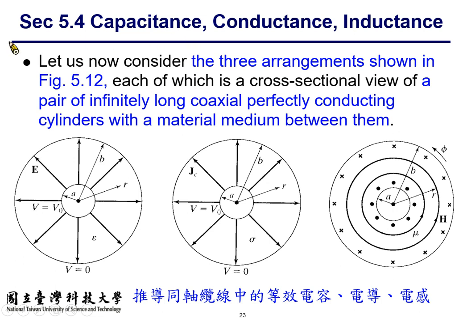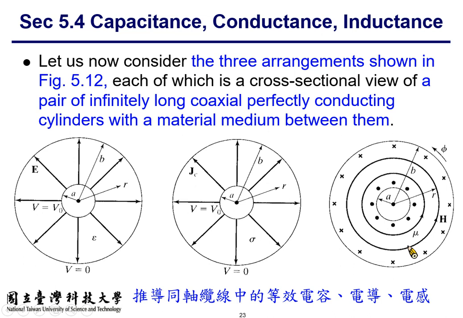And here is, let's begin with section 5.4. So let's now consider the three arrangements shown below. We already discussed the capacitance and conductance, and here is the configuration for us to find the per unit length inductance.